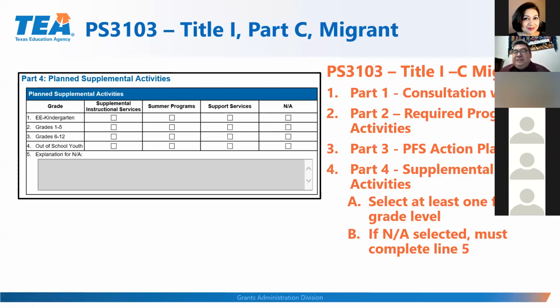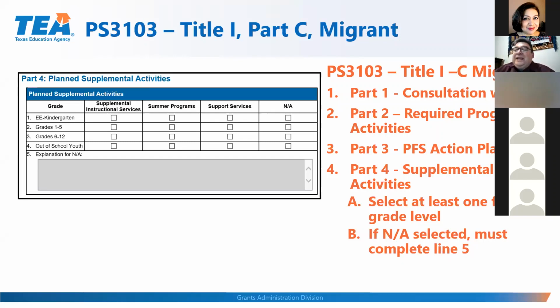Part 1 is just your consultation date with your parent advisory committee. It should be prior to the first day of school. So I know in these times right now, it is difficult to organize some of these committee meetings, especially if we're doing it through media instead of face-to-face.